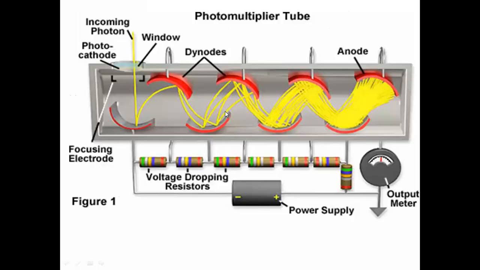So this is the photomultiplier tube. This is the anode, and the light photon energy will fall on the cathode. This is the photocathode, and it emits electrons, and those electrons will fall on the diodes.